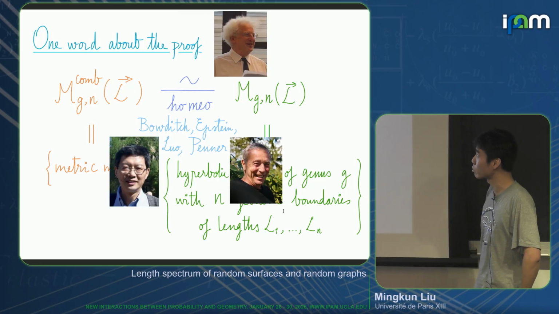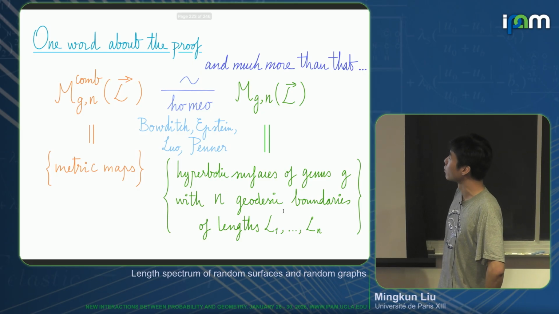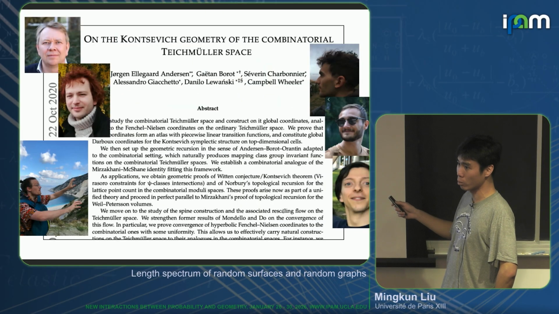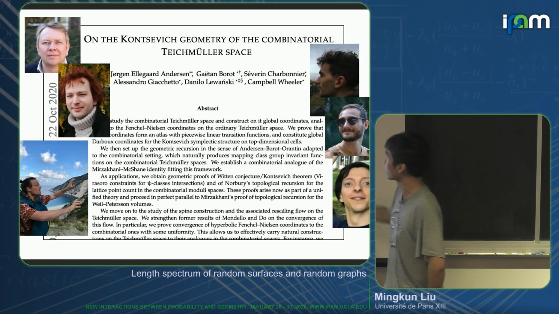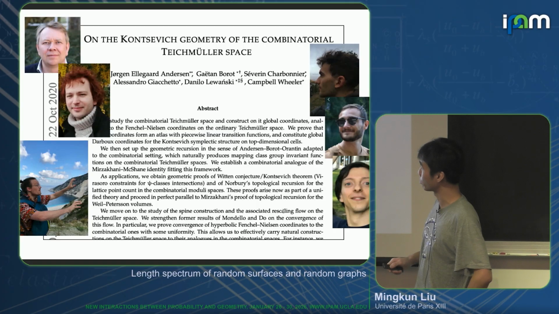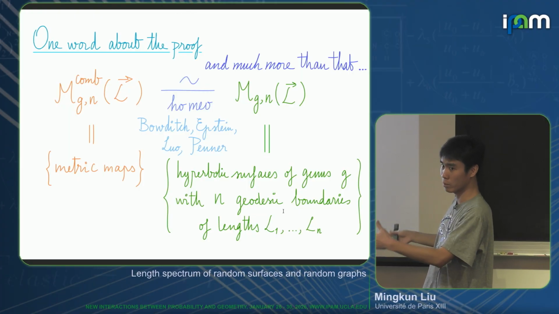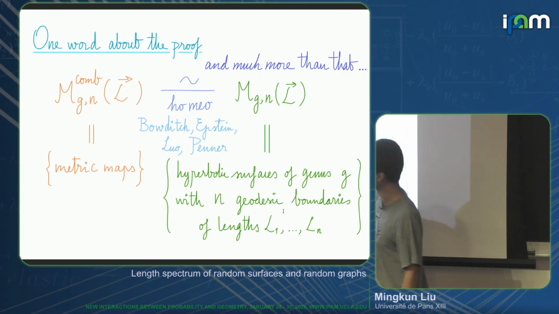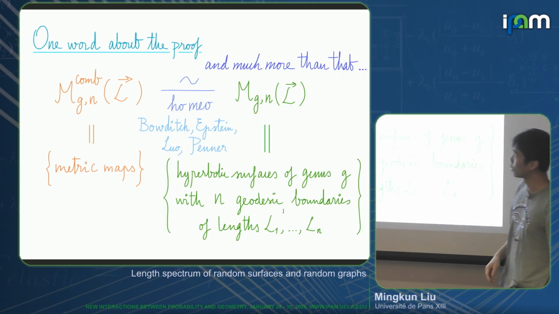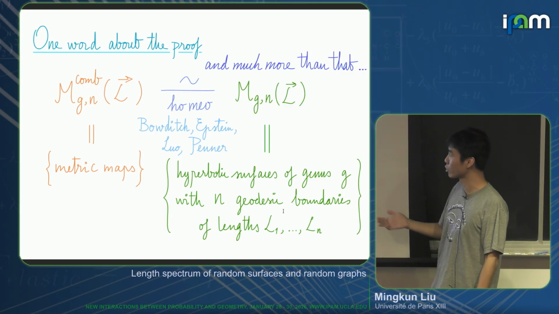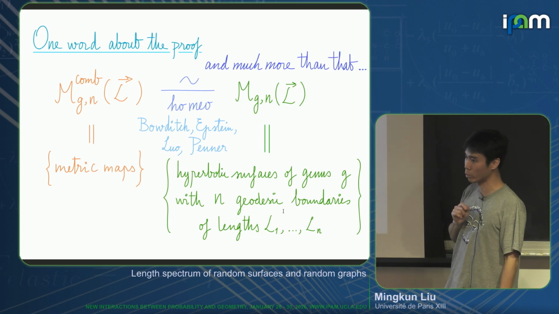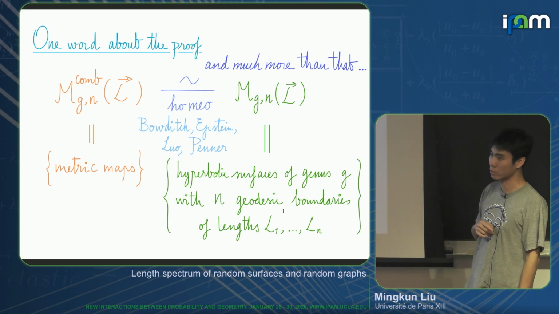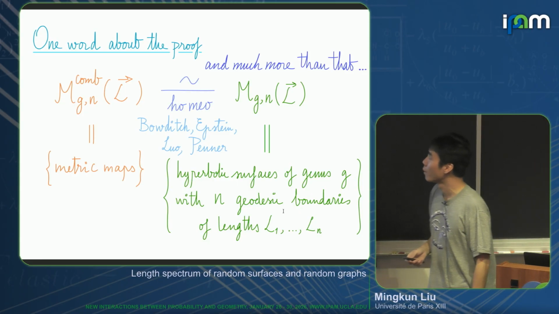And actually, it's even better because this is work of a group of people who work, I think, mainly on topological recursion, the friends of Ali, but they also have this paper proving these two worlds are actually perfectly parallel, meaning that for all the tools you have here, there is a combinatorial version there. So what we did is basically use the combinatorial versions of the tools here to prove a result there, and that's why we call this the combinatorial approach.